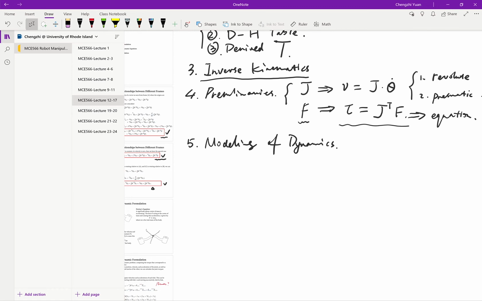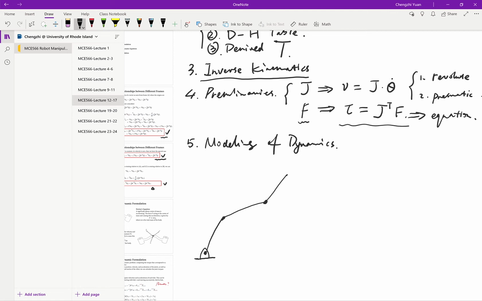So over here, the key idea of establishing the dynamics of a robotic manipulator is as follows. Let's suppose we are given a robotic manipulator, just for example, like this. You have the first joint, second joint, the third joint.